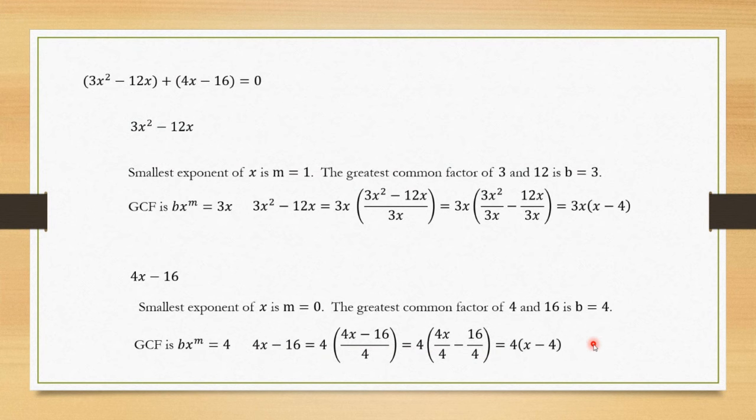And notice we're in good shape, because x minus 4 is a factor here, and this is a factor here. So in other words, in parentheses, we have a common factor, x minus 4. That's what we want. So let's keep going.